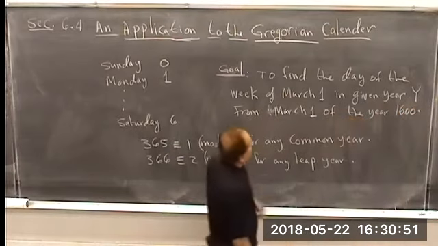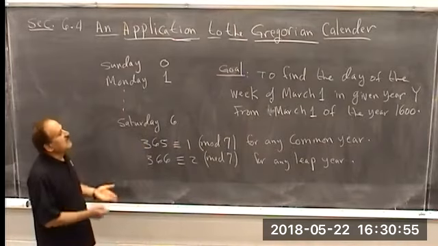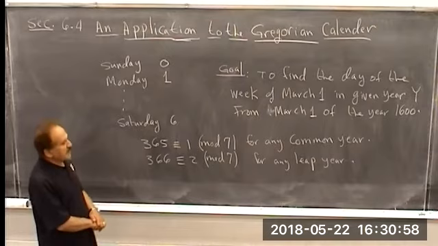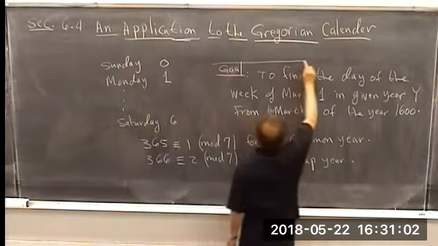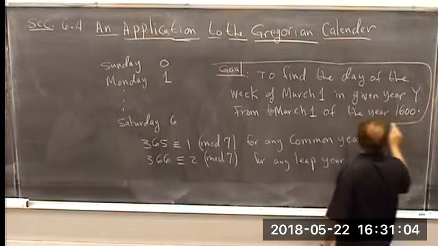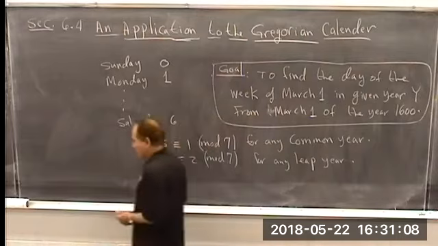Now, once we figure out a formula for calculating for March, then we're going to proceed to talk about other months, okay? So this is the first objective that we're going to achieve. So always we're going to do for March.